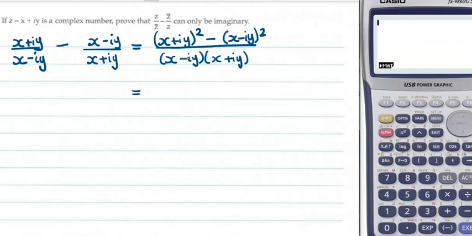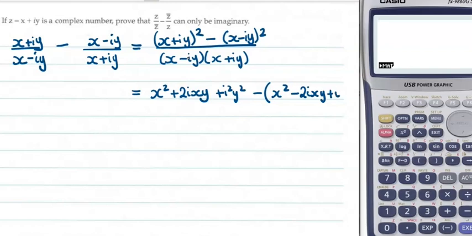Okay. Now, if we multiply out the top, that's going to give us x squared plus 2ixy plus i squared y squared minus x squared minus 2ixy plus i squared y squared.